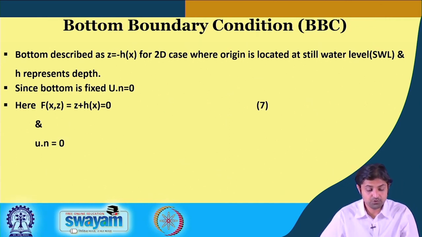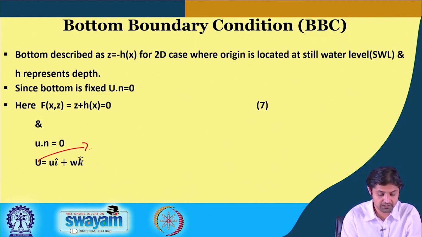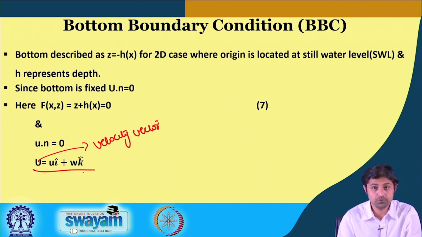And u dot n is equal to 0. If we assume u is a combination of u i plus w k, this is the velocity vector.